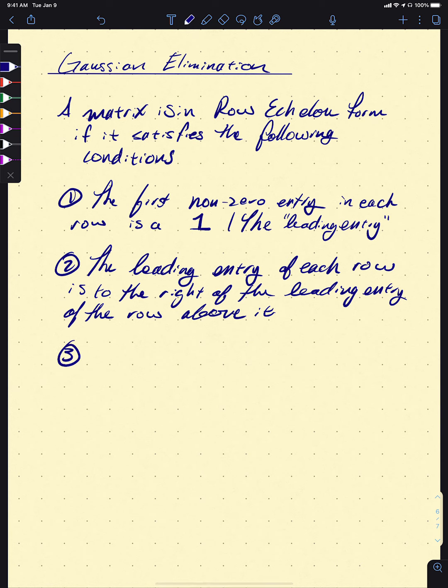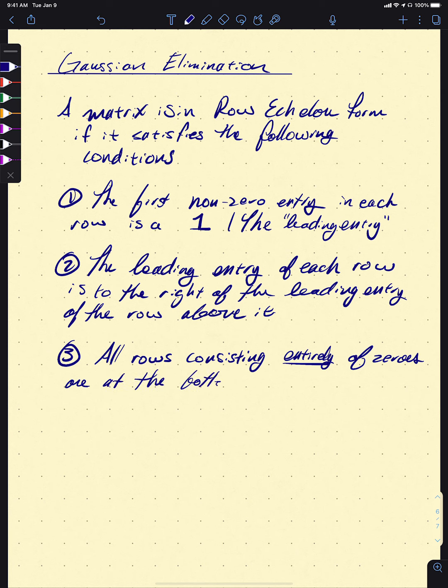Okay. And number 3, we have that all rows consisting entirely of zeros are at the bottom of the matrix.